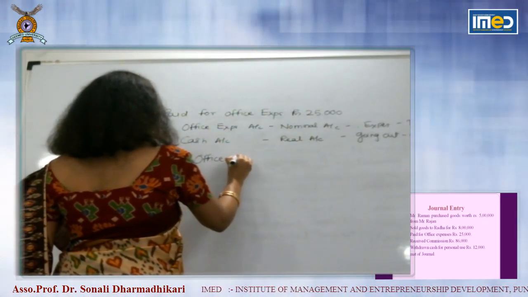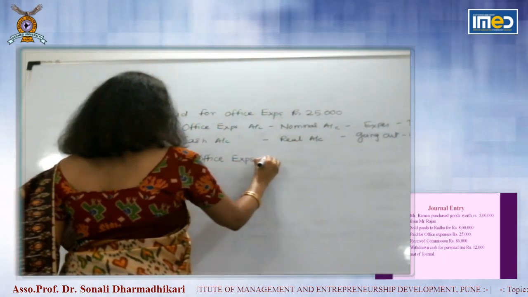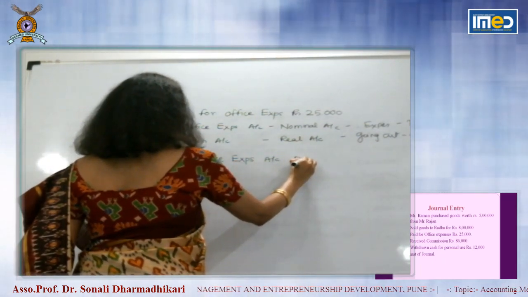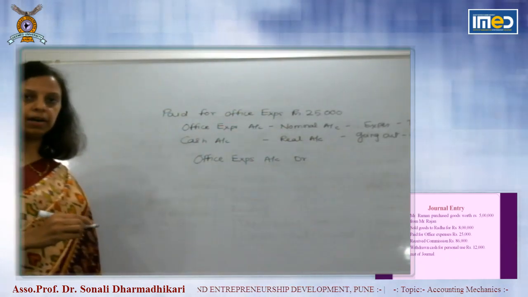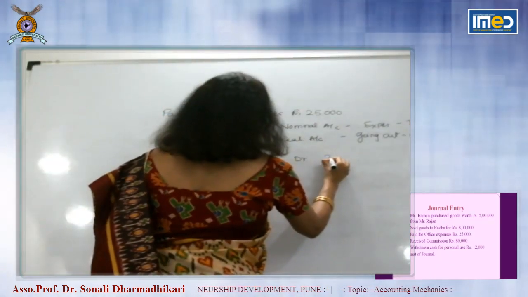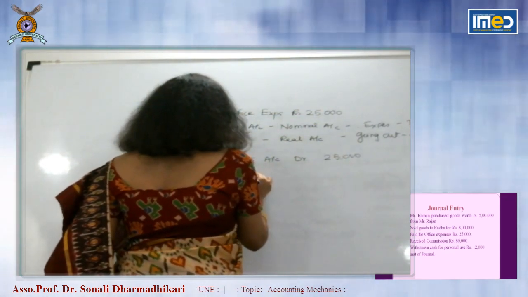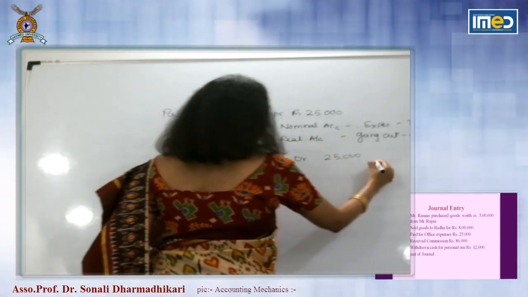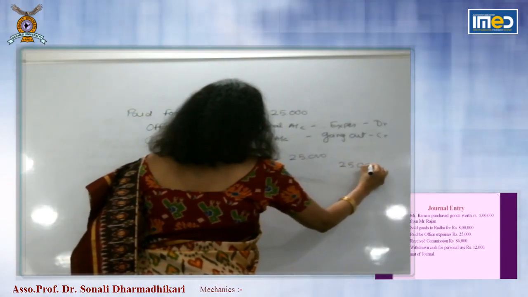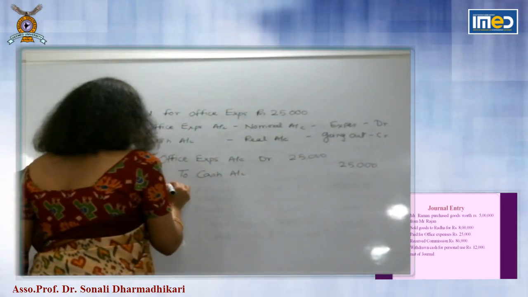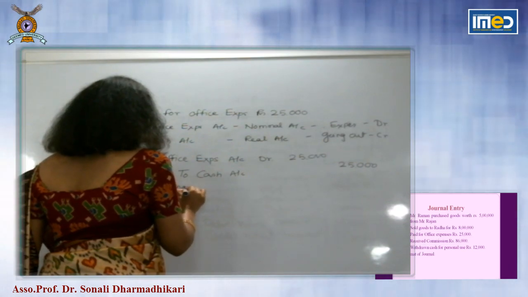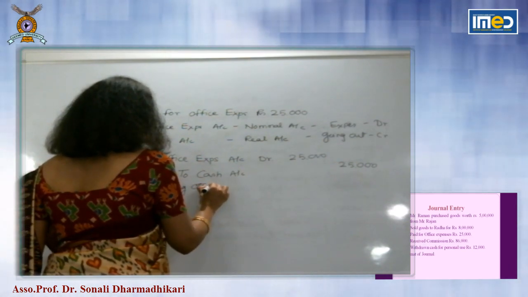Office expenses account debit 25,000 to cash account 25,000, being office expenses paid.